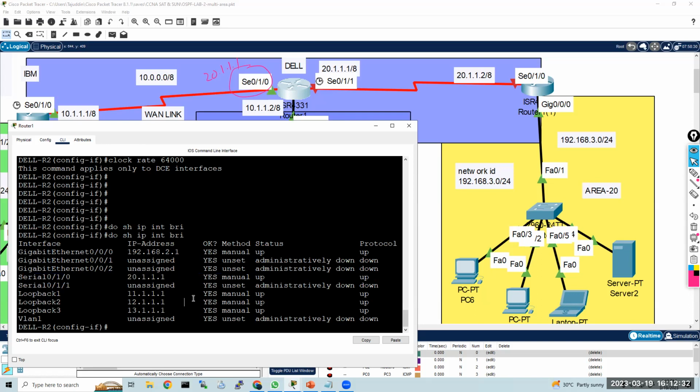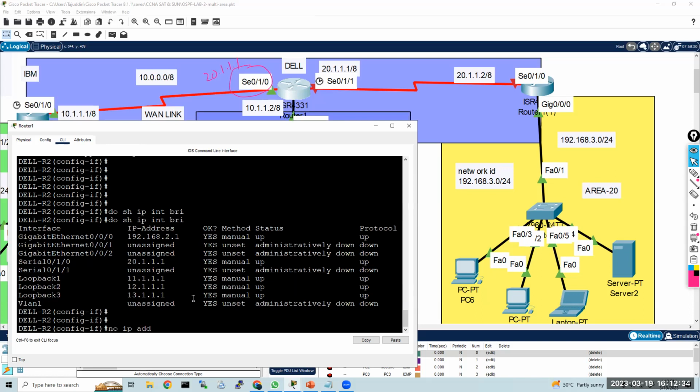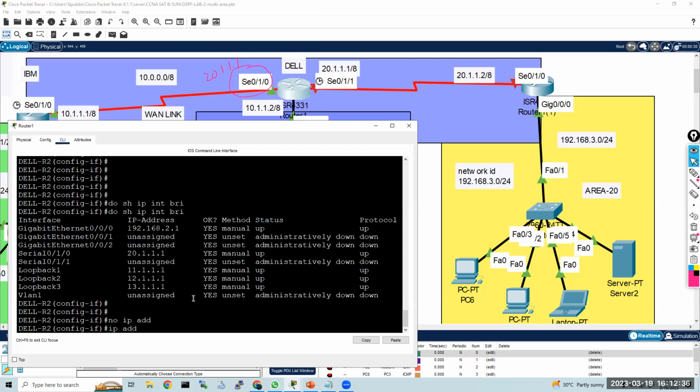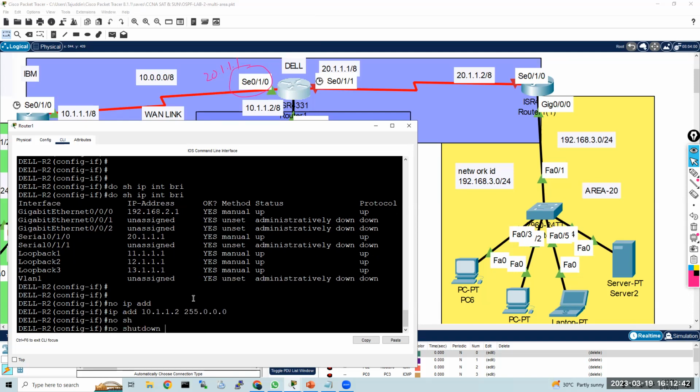So I say no IP address, then IP address I should give back as 20.1.1.2 255.0.0.0. Okay, I'll say no shut.